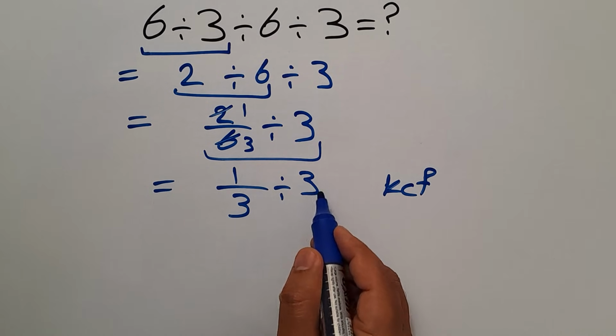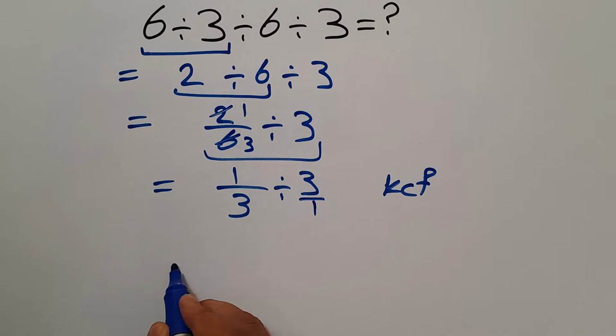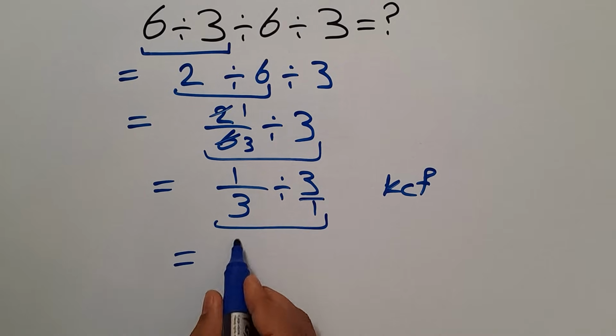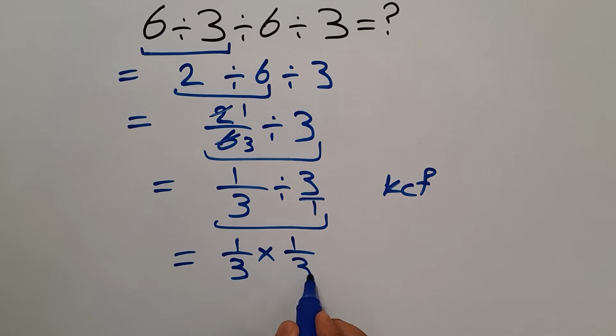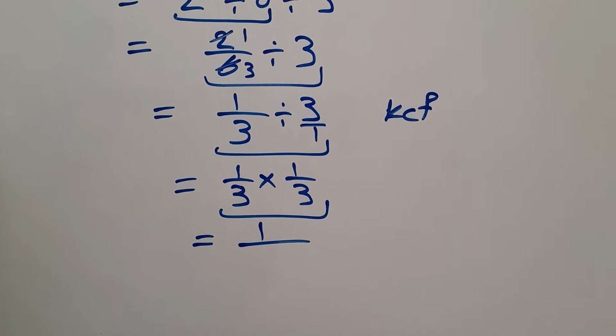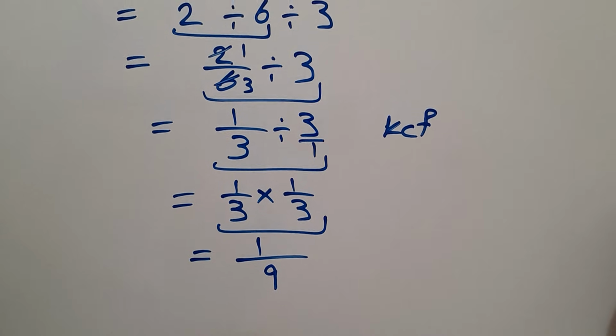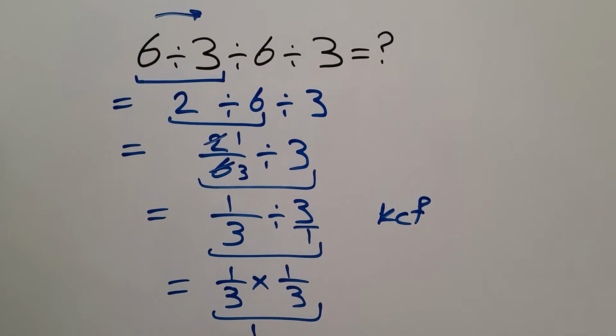Our second fraction is 3 over 1. So we can write 1 over 3 times 1 over 3. And this is equal to 1 over 3 times 3, which equals 9. So our final answer to this problem is just 1 over 9.